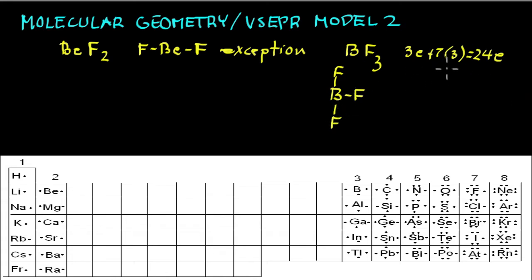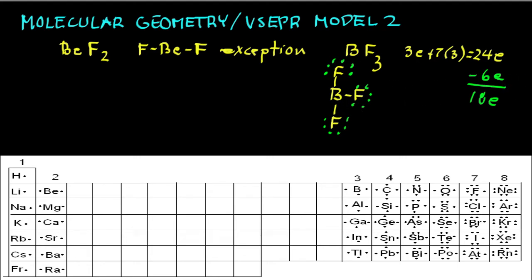We'll subtract out those 6 electrons, and that gives us a total of 18 electrons. We'll assign those 18 electrons around the outer atoms initially. 6, 6, and 6. That's 18. There are no electrons left to go to boron. So it is at this point not an octet.